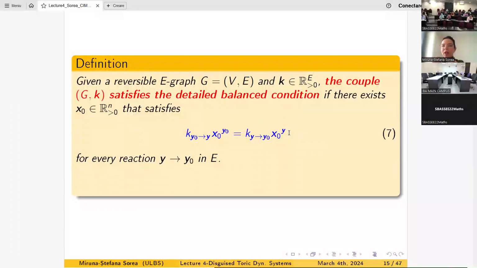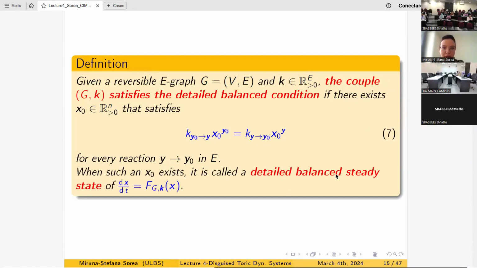So we no longer have a balancing in every vertex, but by pairs of reactions. Whatever flows in one direction must be balanced out by the quantity that flows in the reverse direction. And again, like previously, if such a state exists, then it is called the detailed balanced steady state of the system.